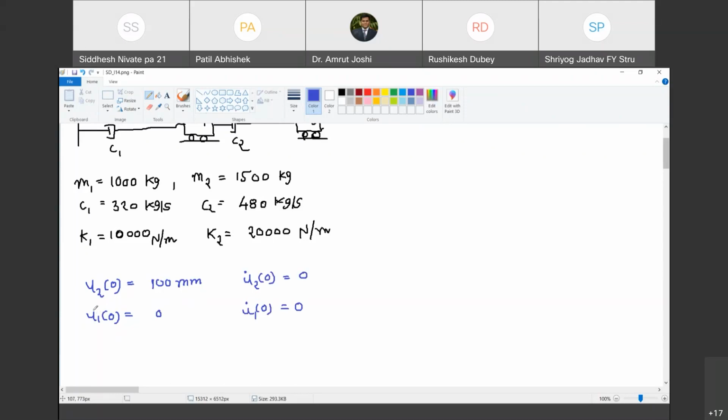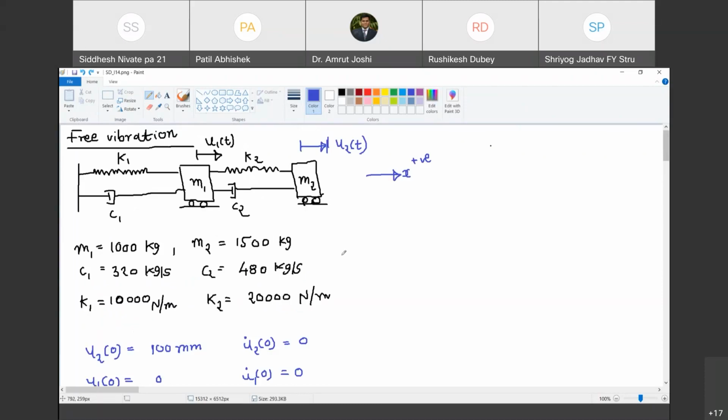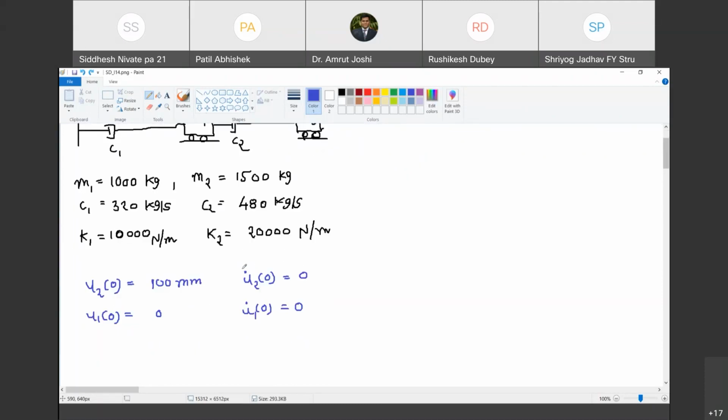Why does the system start from rest? Because the velocities at time instant t equal to 0, when observation has started, of both the masses are 0. Do you agree with me? So the system starts from rest.